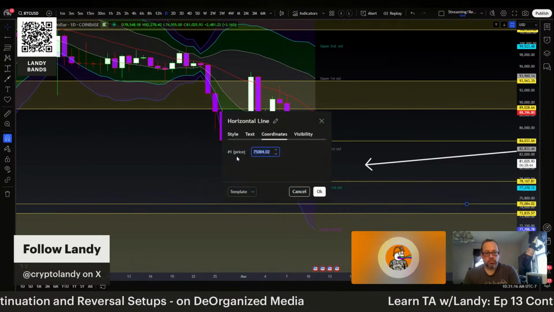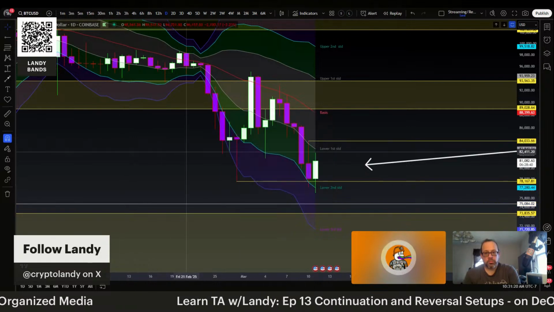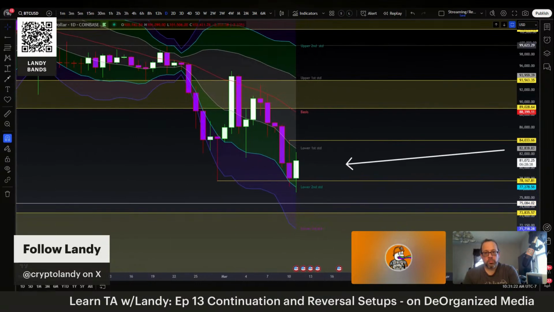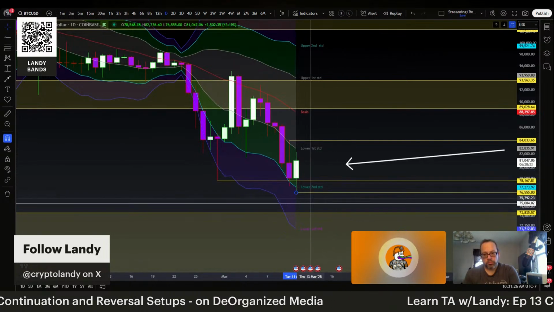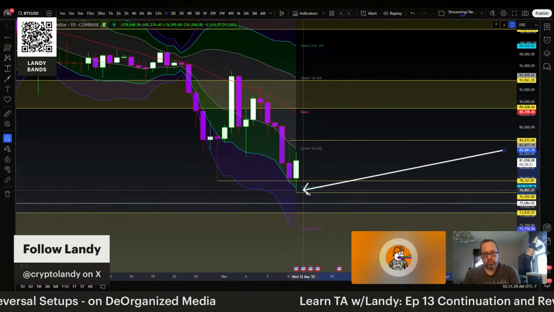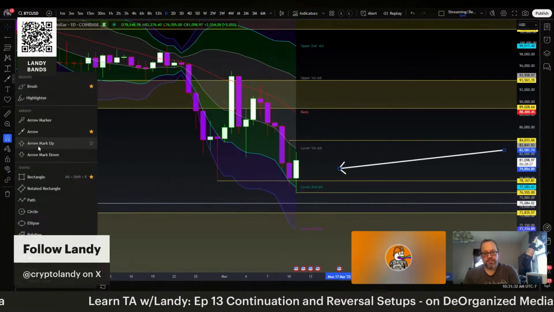We'll take this volatility level from the weekly. We'll turn this white so we can differentiate it here. We're going to throw on where the current swing low is in lower term timeframes by the daily lower second, and we can make this a zone.